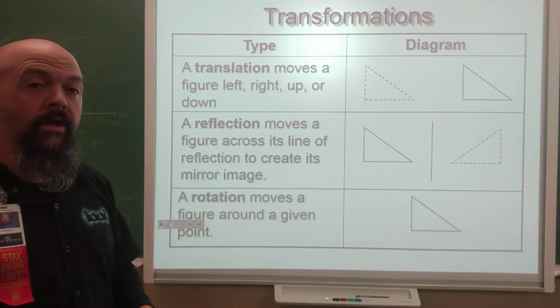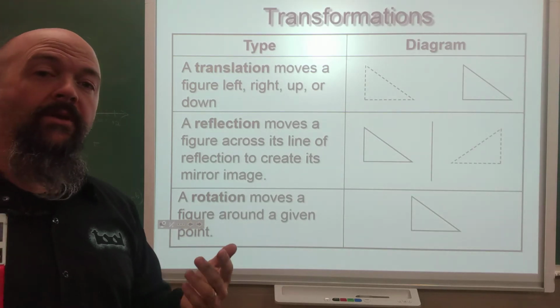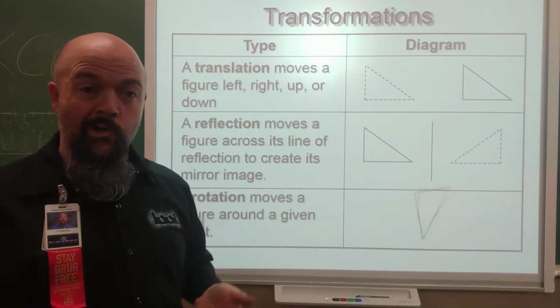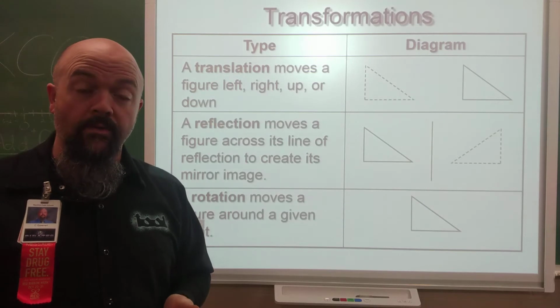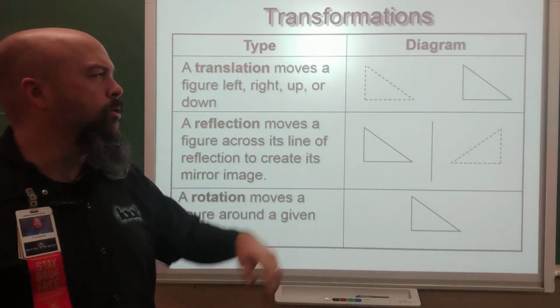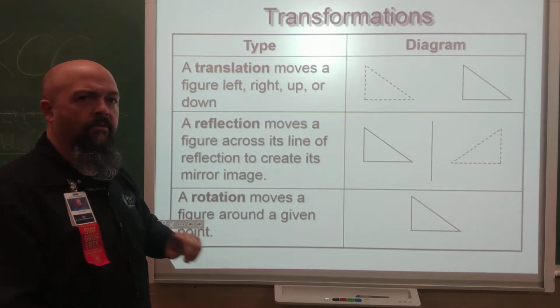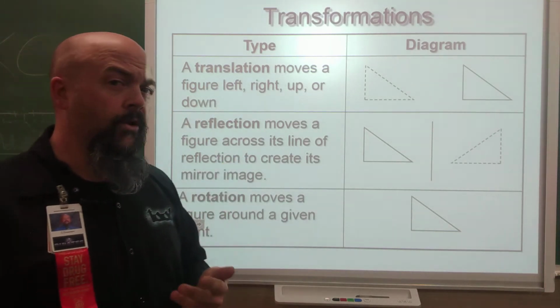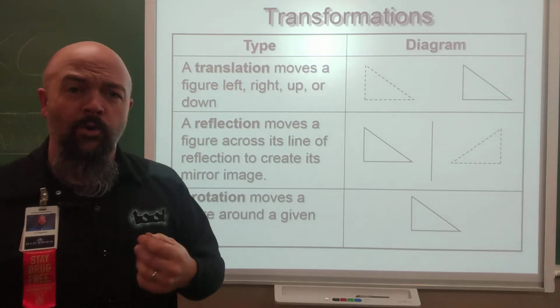And then tomorrow we're going to get into rotation, where we're talking about the actual shape doing a turn around a certain point on the coordinate plane, okay? So, slide, flip, turn. Translate, reflect, rotate. The 3 forms of transformation that can occur on your coordinate plane.